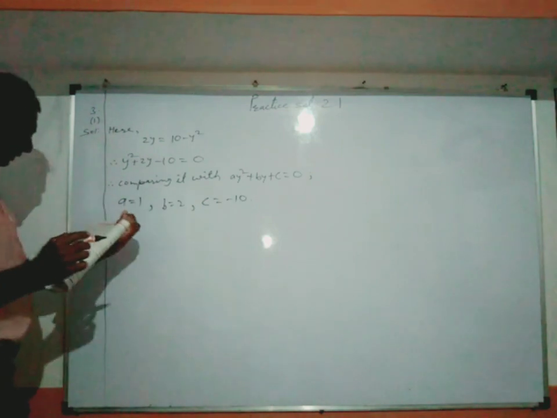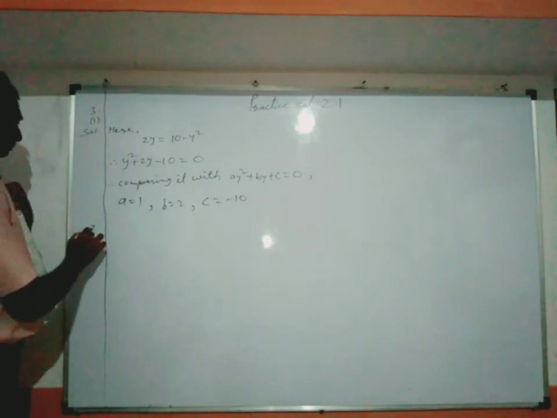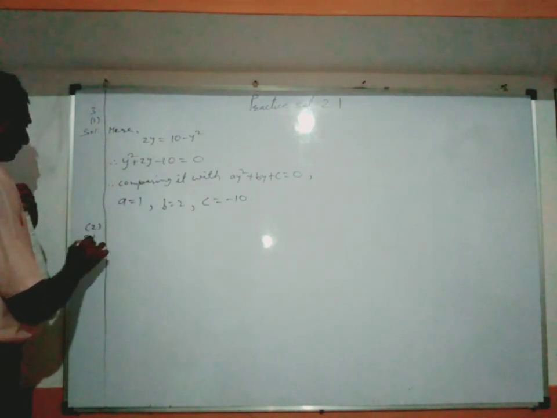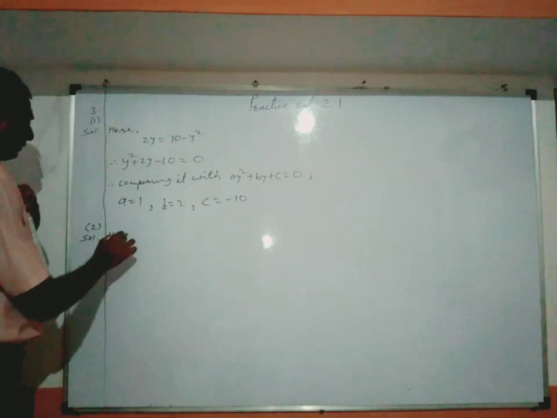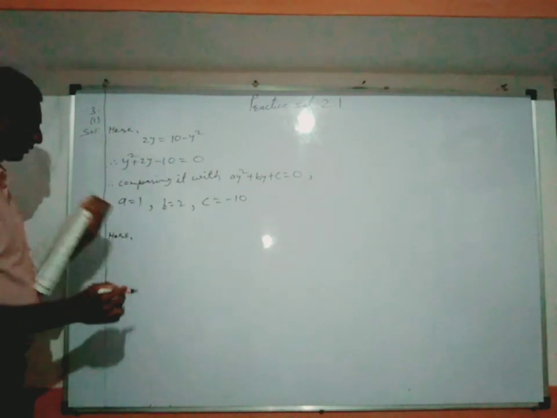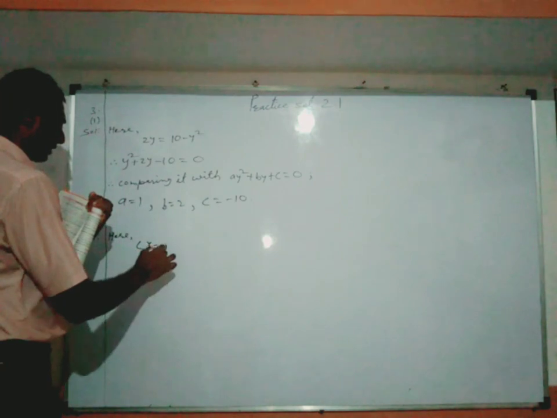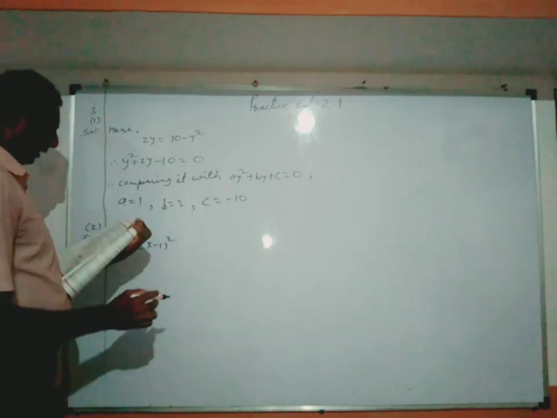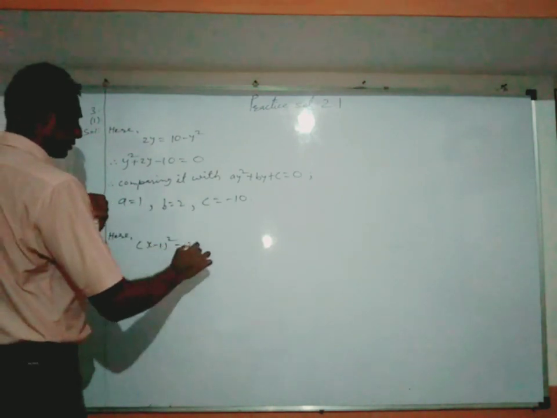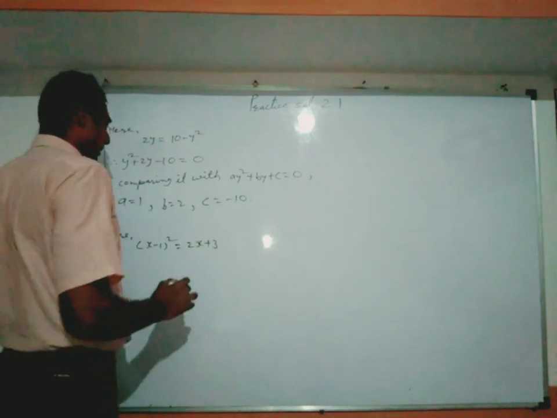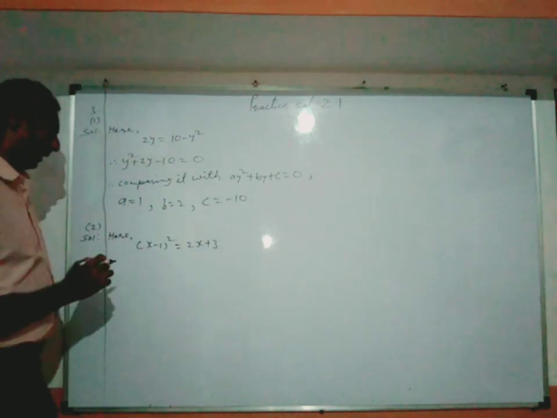Okay, number 2, solution. Here given equation is (x minus 1) whole square equals 2x plus 3. First of all let's simplify it.